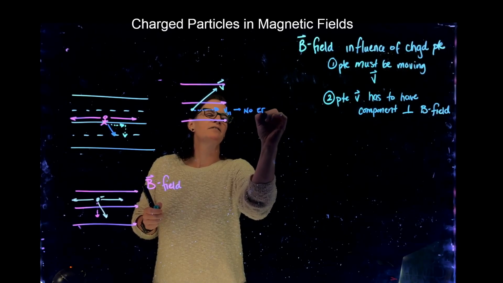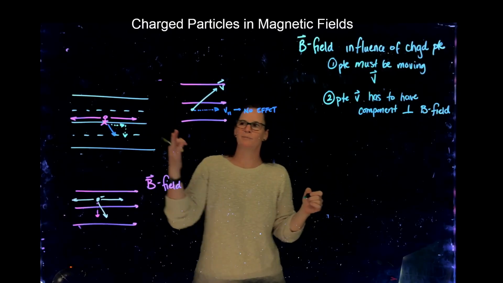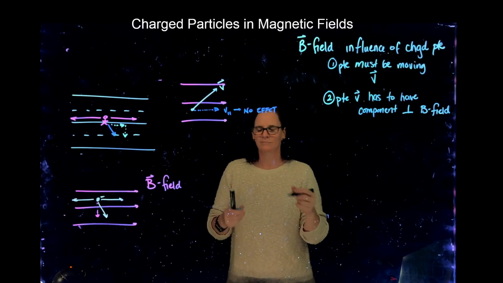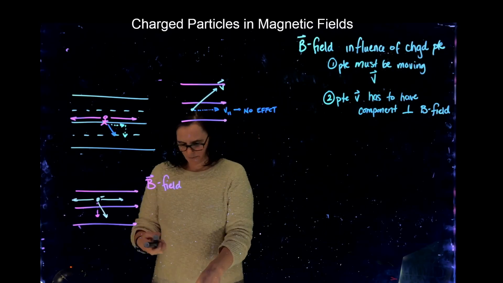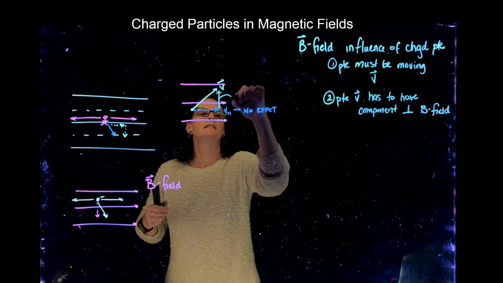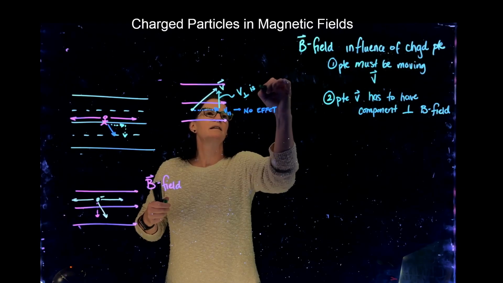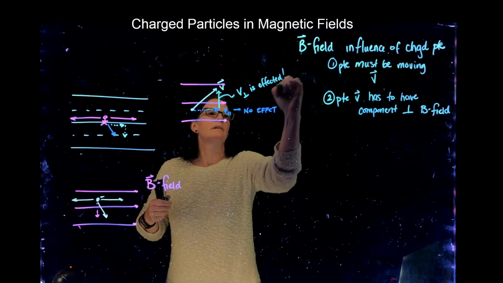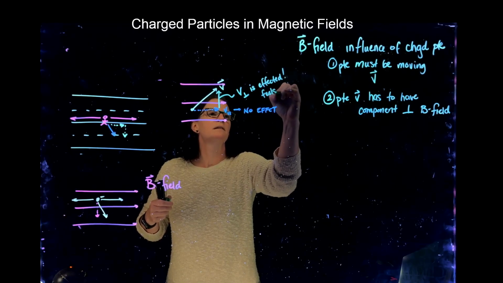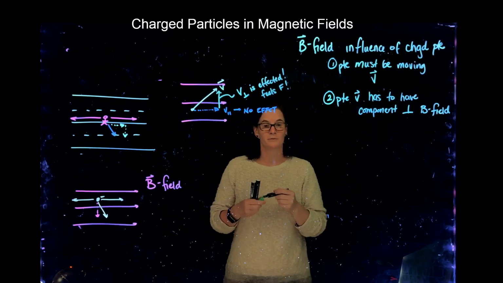It's as if I was walking along the yellow or the white line on the highway. But the component perpendicular to that field is affected. It feels a force, and thus the particle feels a force.